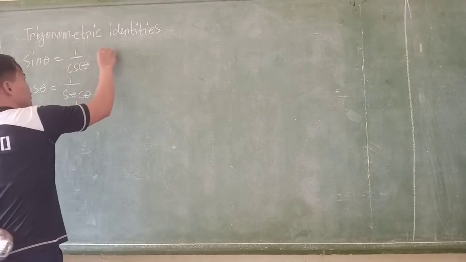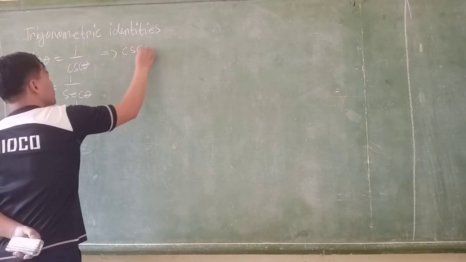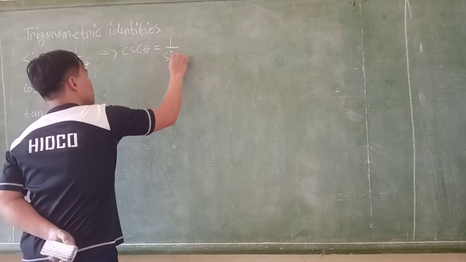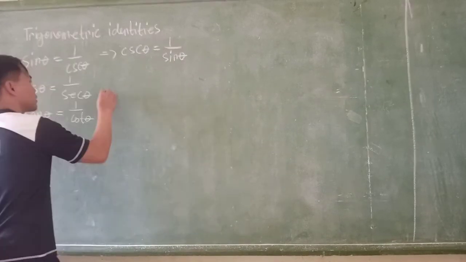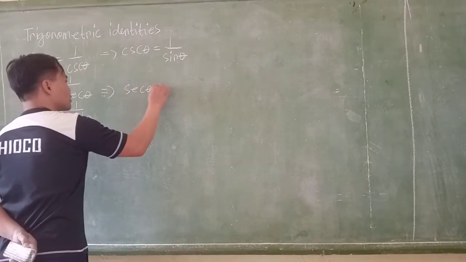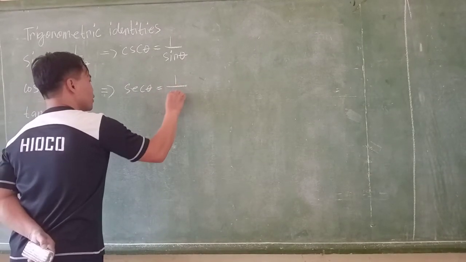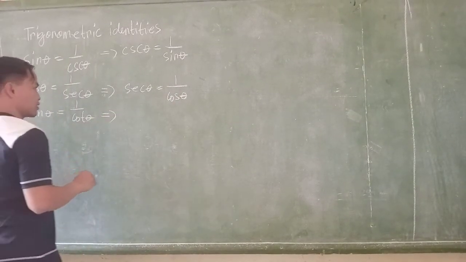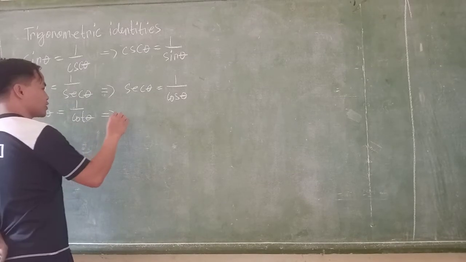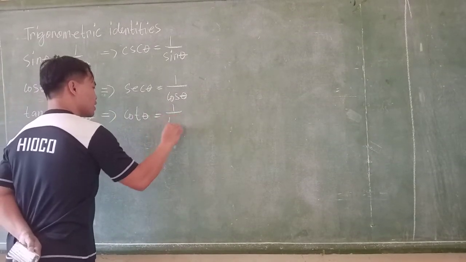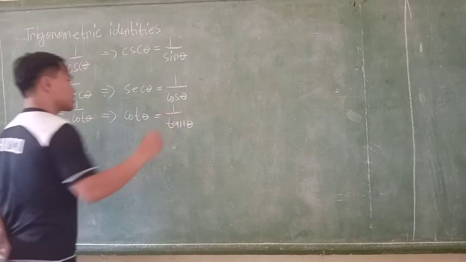We also have cosecant theta is equal to 1 over sine theta. Next, secant theta is equal to 1 over cos theta. The last one for the first six, cotangent theta is equal to 1 over tangent theta.